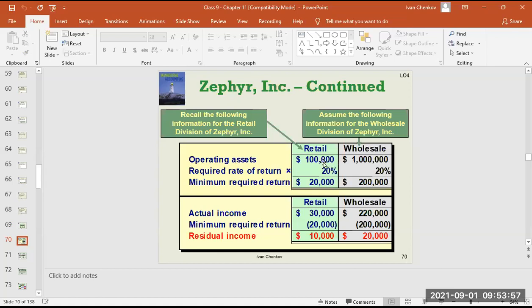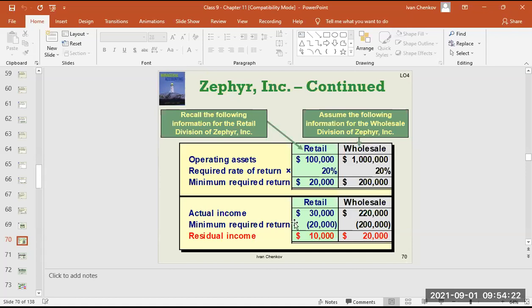Here, operating assets are 100,000, required rate of return 20%, so the minimum required is 20,000. The other division has operating assets of 1 million, the same required rate of return of 20%, so we want 200,000 from them.